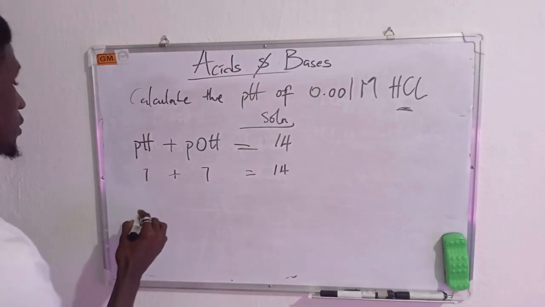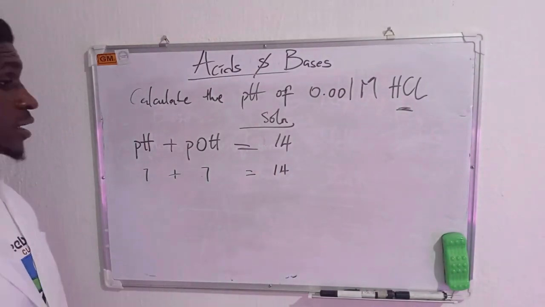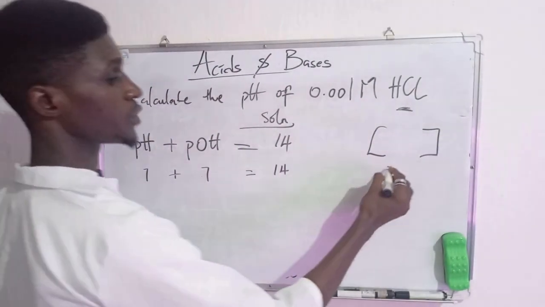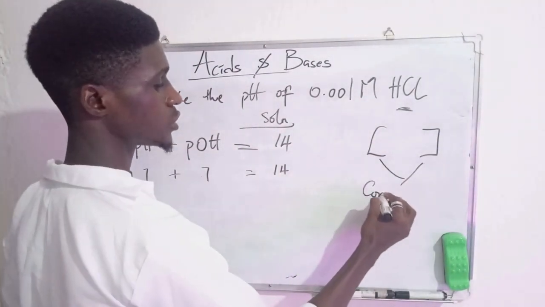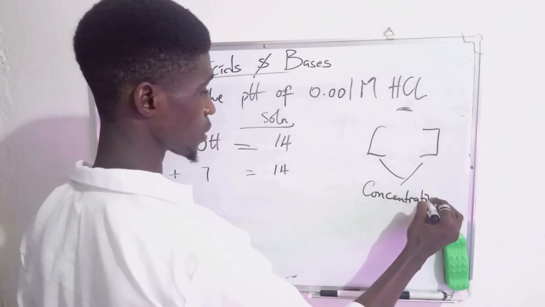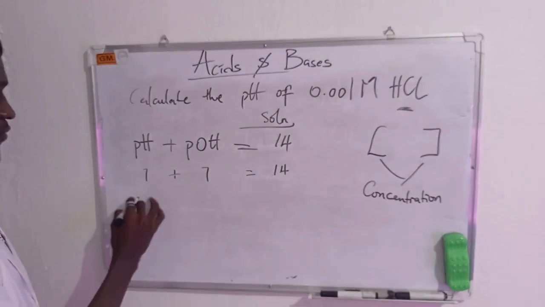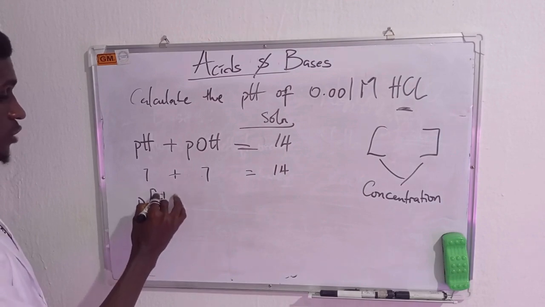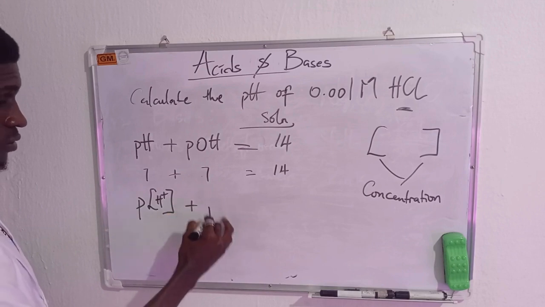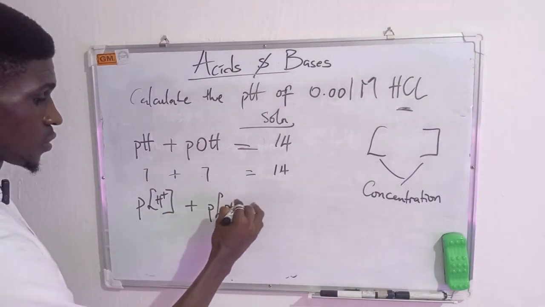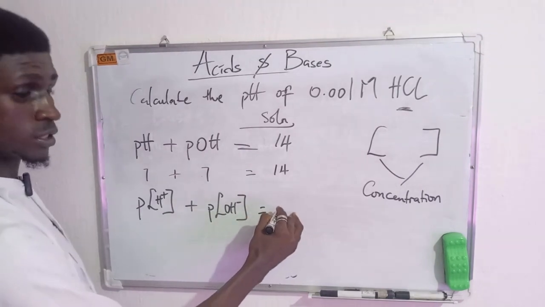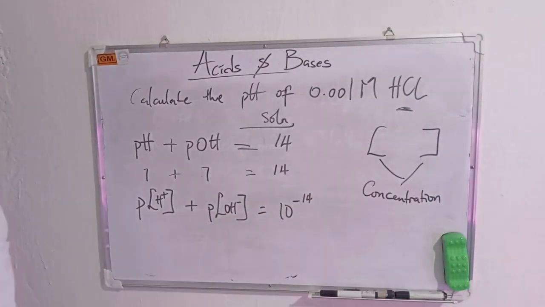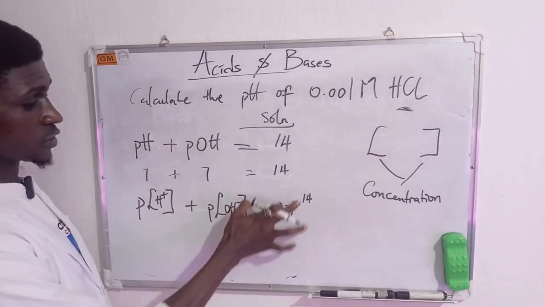So ionically we can introduce a character that represents concentration. So you will have the hydrogen concentration times the hydroxyl concentration giving you 10 raised to power minus 14.